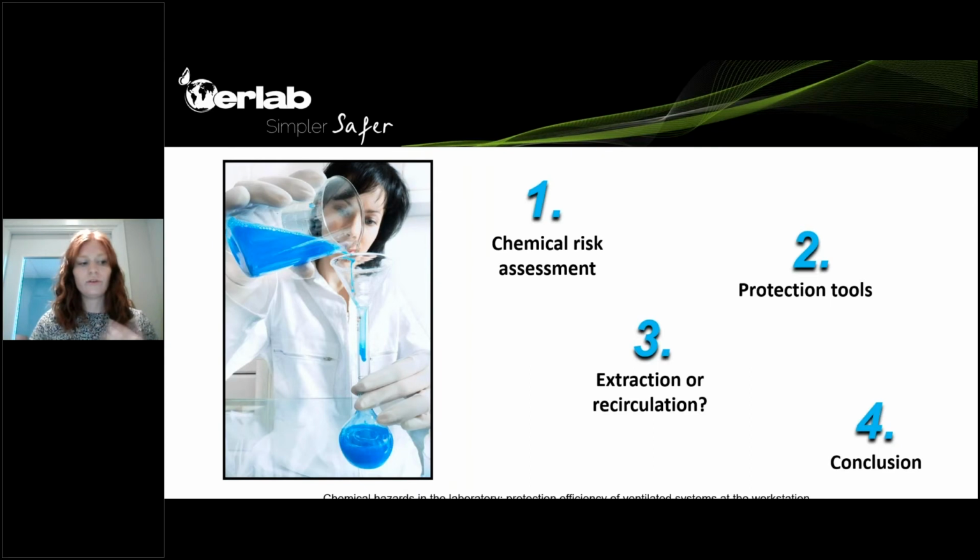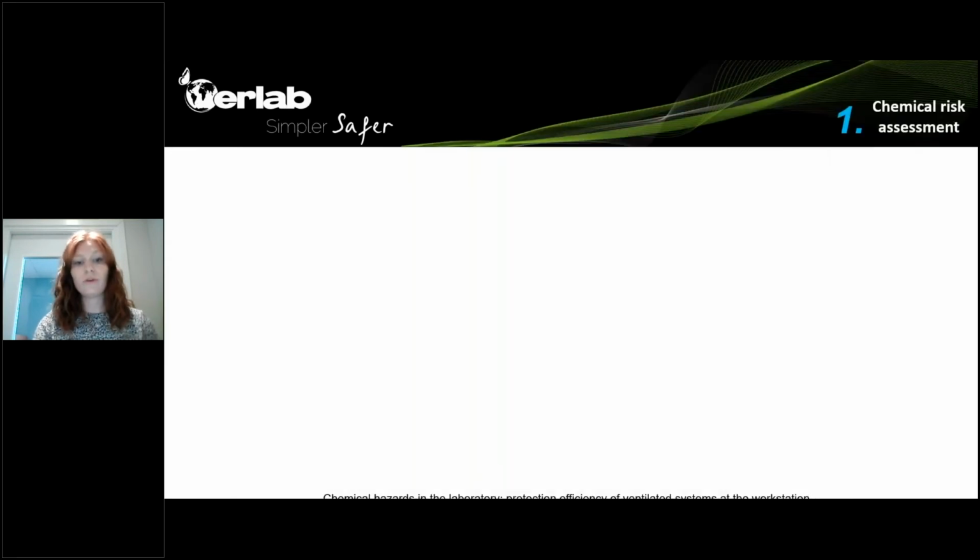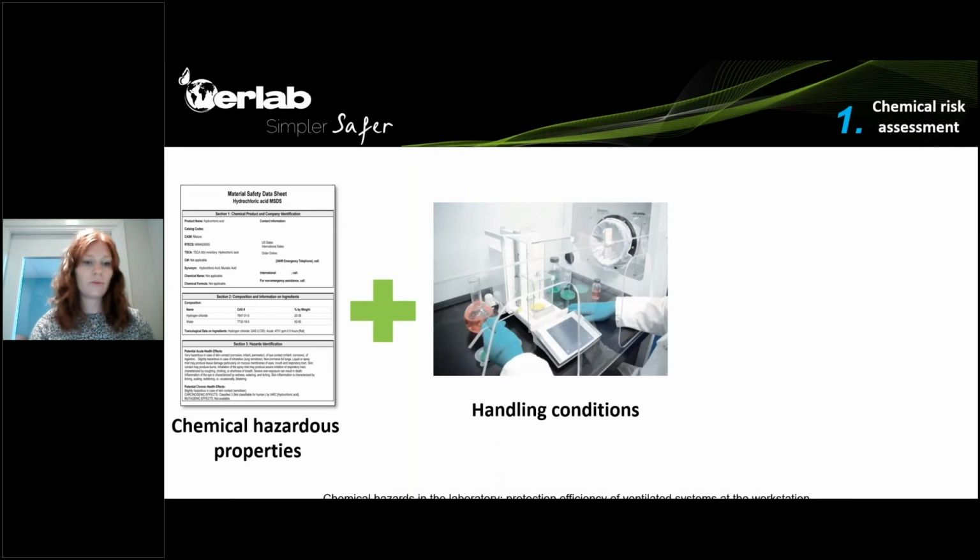We're going to see the different tools to get protected from chemical risk, and then we're going to look a bit more in detail at two different solutions, the extraction and the recirculation. If we start with the chemical risk, it is characterized by different factors present in the laboratory.